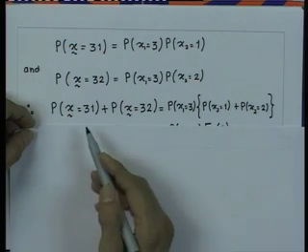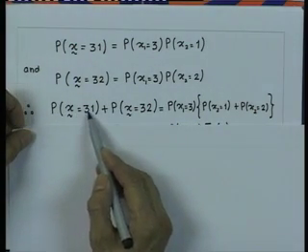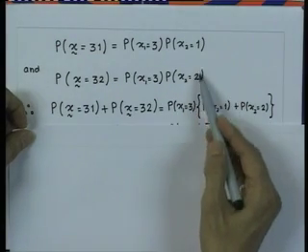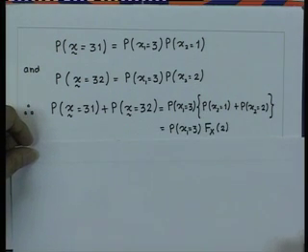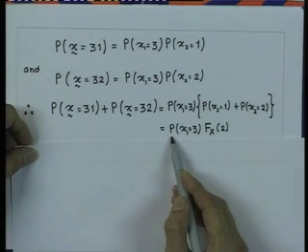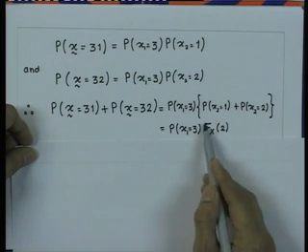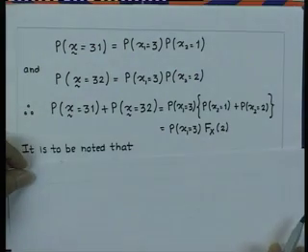So finally, we can write the summation of probability of sequence 3 1 and probability of sequence 3 2, and this on simplification turns out to be probability of x1 equal to 3 and the cumulative distribution function for 2.